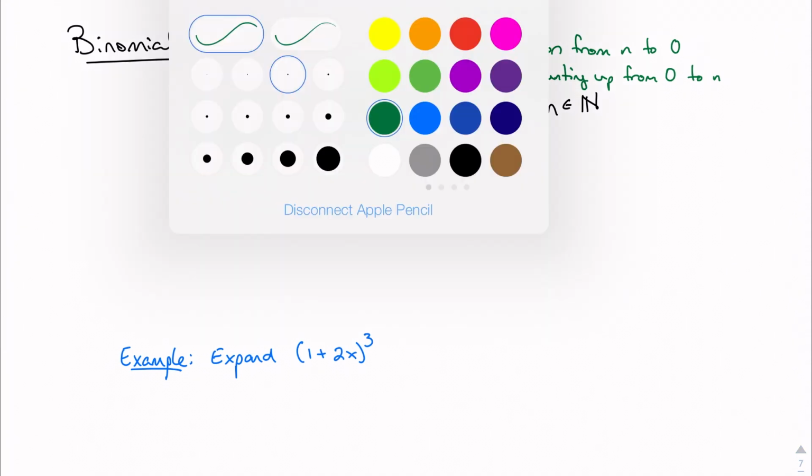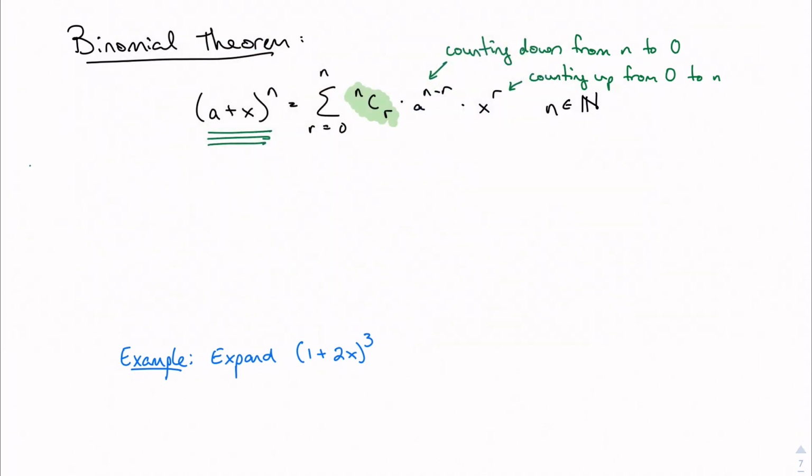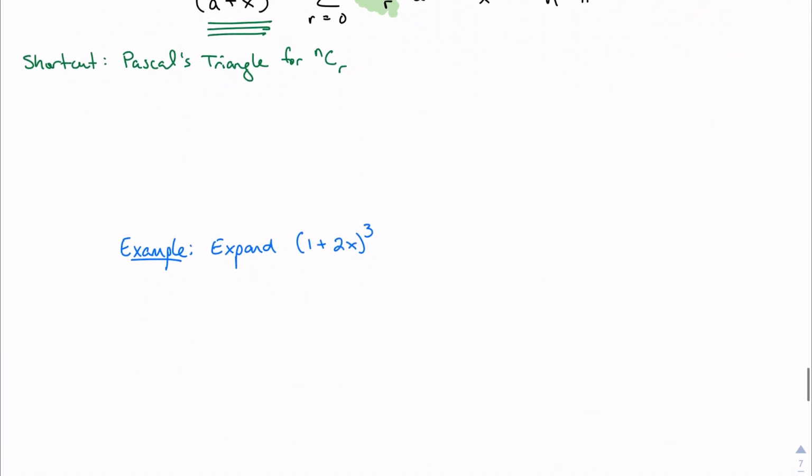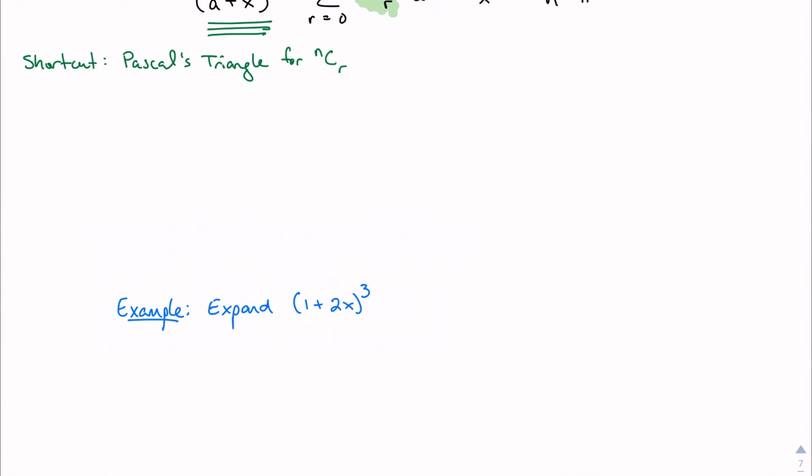The shortcut we talked about was to use Pascal's triangle. We said that all of my combinations actually map right on to Pascal's triangle. And we should be able to generate these by now pretty quickly on our own.